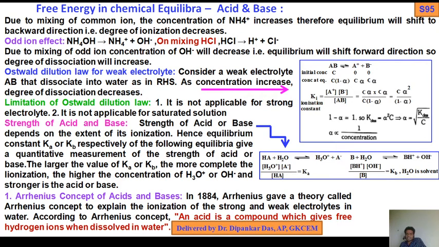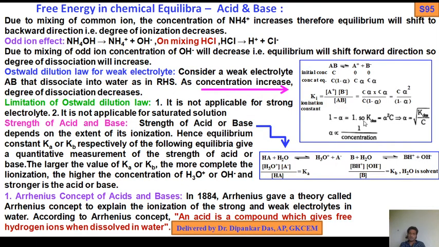If C alpha of AB dissociates after starting the reaction, then at equilibrium it should be C into 1 minus alpha concentration of AB. Now applying chemical equilibrium, we know the ionization constant or dissociation constant Ki equals the product of the molar concentration of A plus and the molar concentration of B minus divided by AB, which equals C alpha into C alpha by C into 1 minus alpha. So C alpha square by 1 minus alpha.